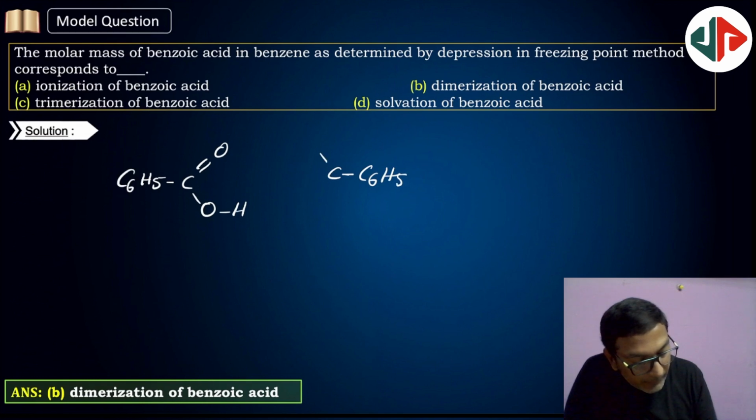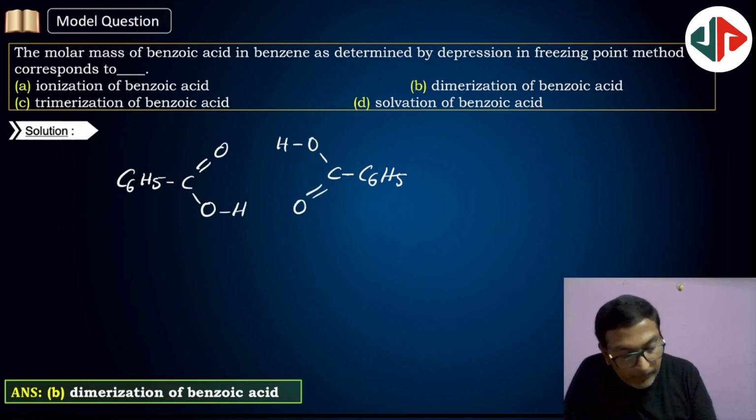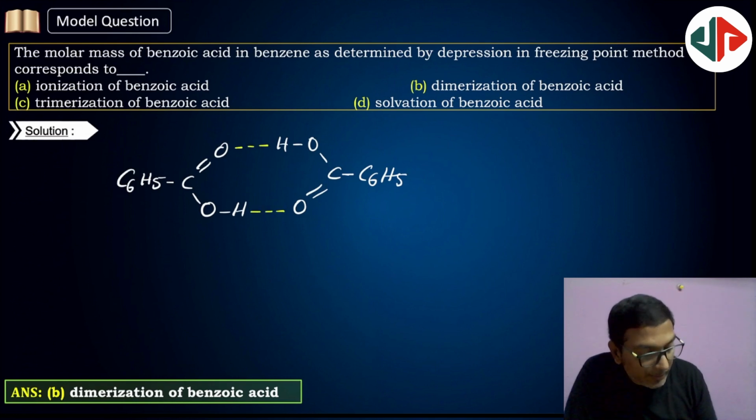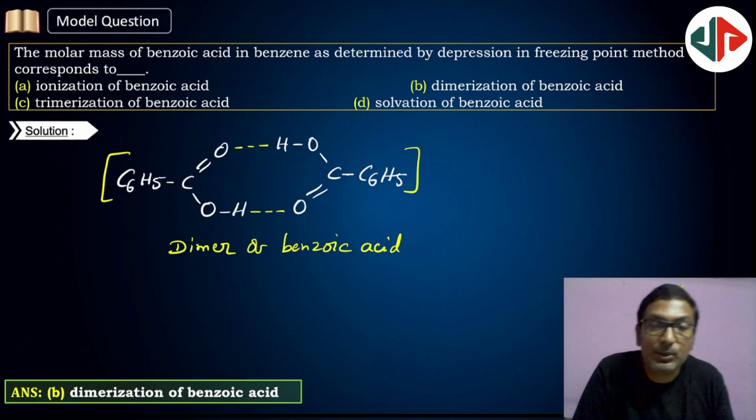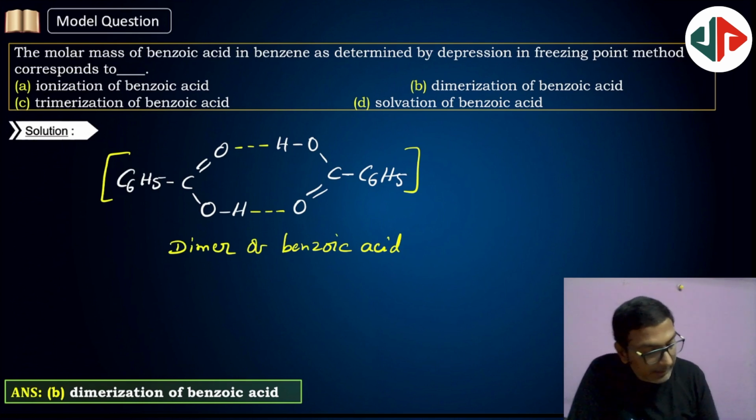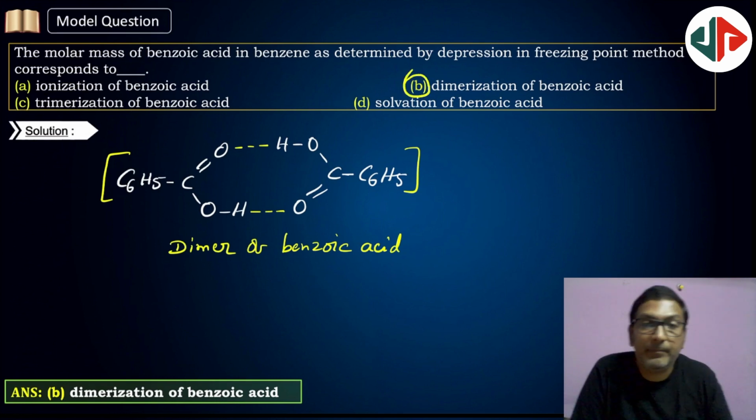C6H5, here OH, here double bond O. Here there is formation of a hydrogen bond, not a dative bond. Intermolecular hydrogen bond gives the dimer of benzoic acid. Molecular association, so dimerization in benzene solvent. Therefore, option B. Next.